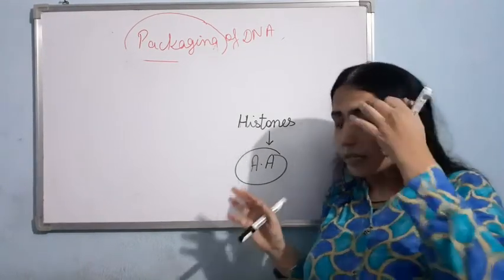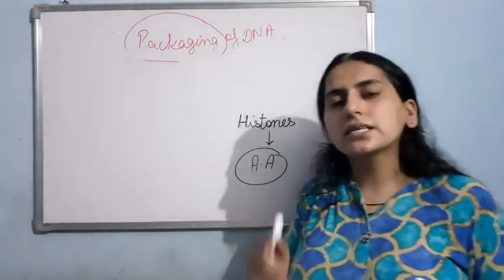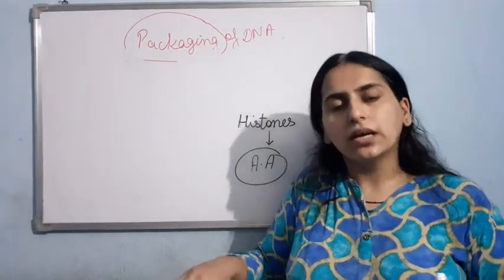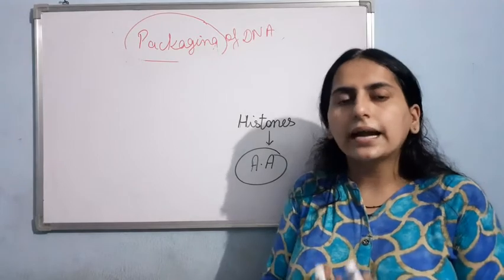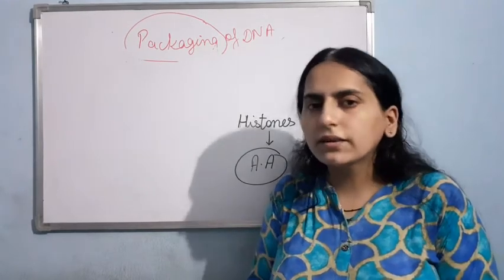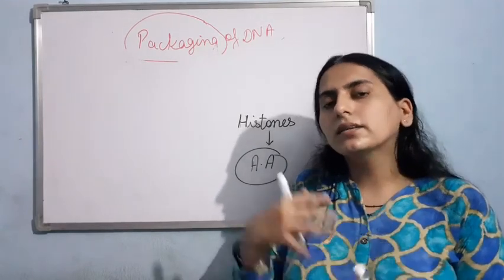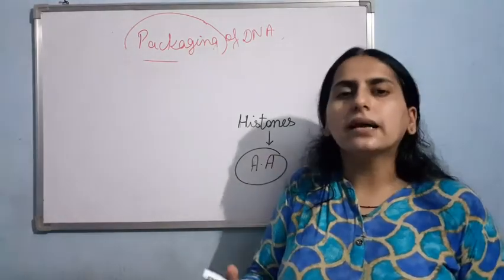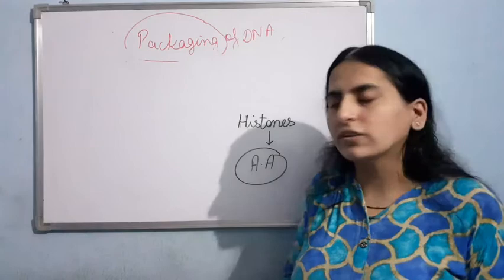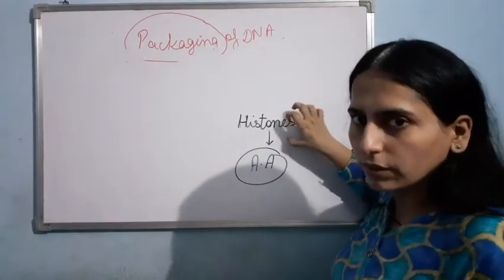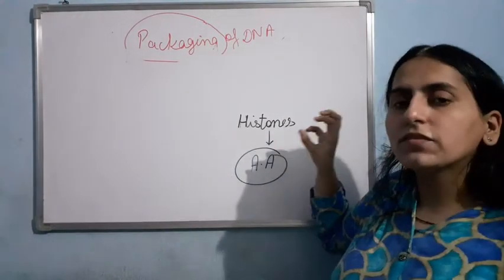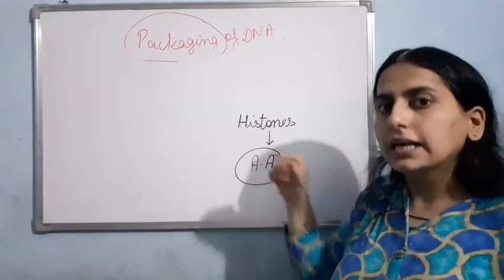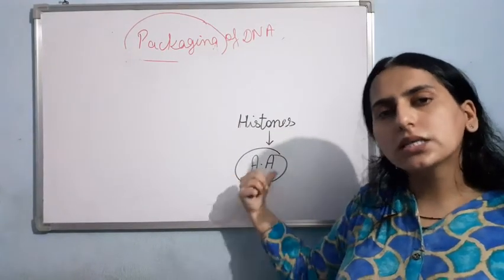Am I clear? And the amino acid that has a negative charge in the side chain will contain the negative charge, and as a result the protein formed by that amino acid will contain the negative charge.